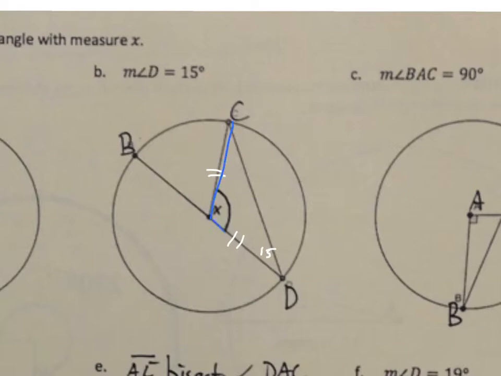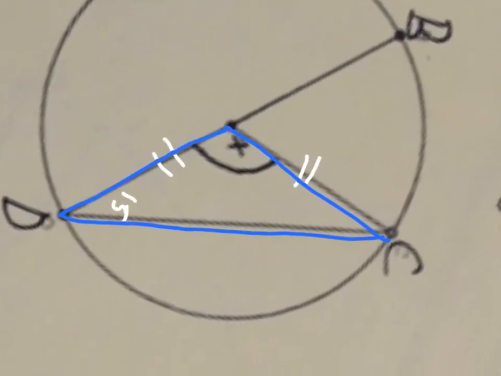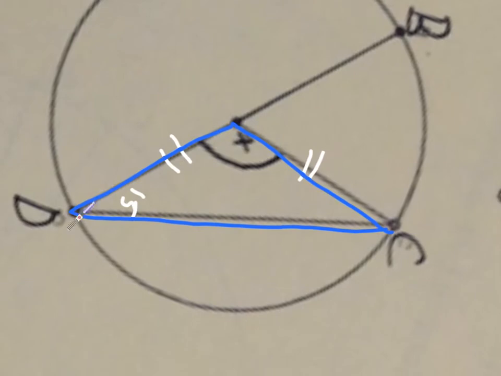This blue triangle is definitely an isosceles triangle because I've got two sides that are equal to each other. Both of these two sides are radii of the circle. So if it's 15 degrees in this angle, it would have to be 15 degrees over here as well.